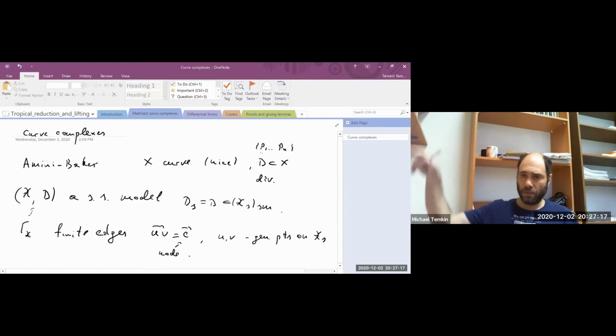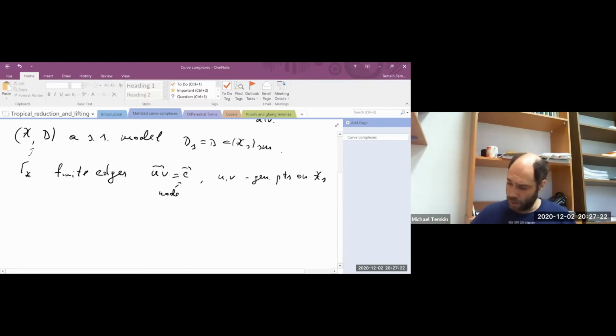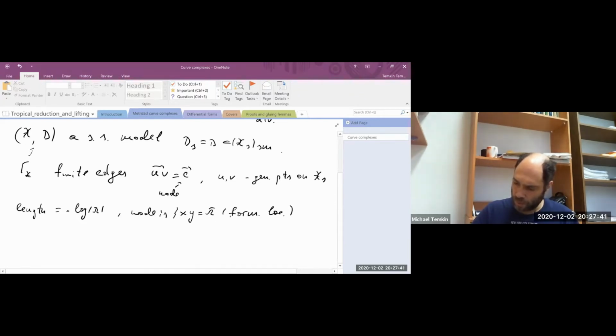Yeah, it might be a self-intersection when U equals V, and it might be an intersection of two nodes. And the length of this edge is equal to minus log of the absolute value of π, where the node locally looks like xy equals π, formally. Okay, good. I guess this is very standard. π is an element of the maximal ideal.